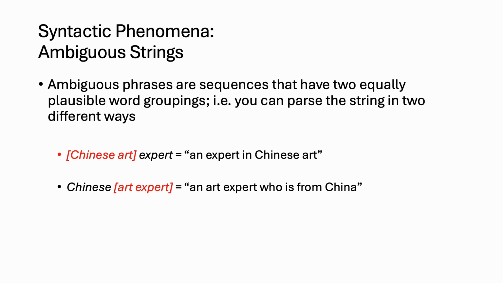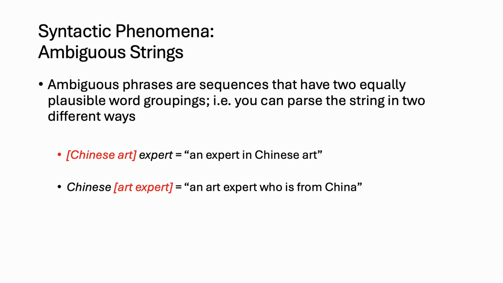So what we can see here is all of these, Chinese art expert is itself a noun phrase. But then there's a constituent inside it, Chinese art, which actually acts as what's called a specifier. Okay, that kind of describes expert a little bit more.